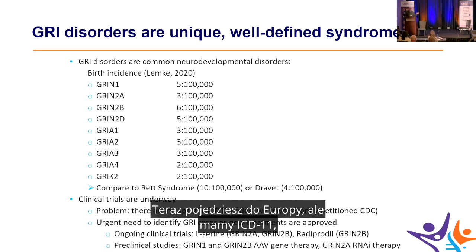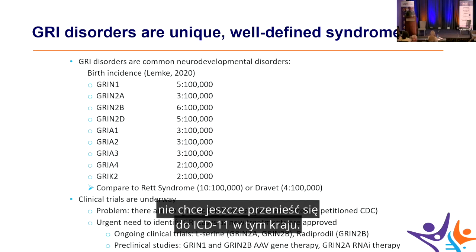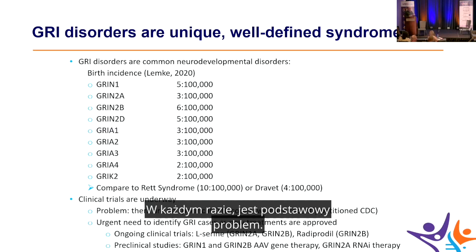In Europe they have ICD-11, and everybody has their own code there. We wish we would move towards ICD-11, but CMS, the Centers for Medicare and Medicaid Services, does not want to move to ICD-11 just yet in this country. So there's a basic problem.